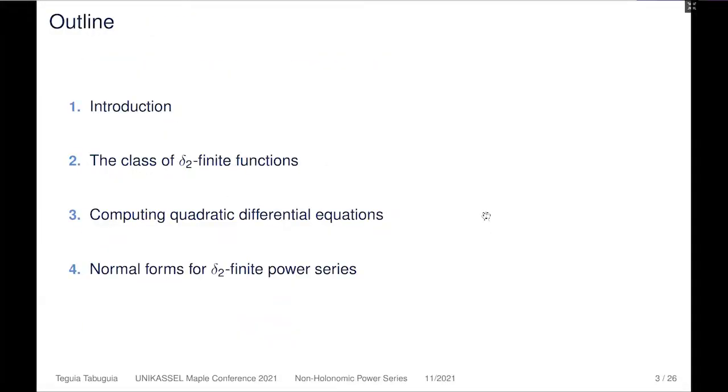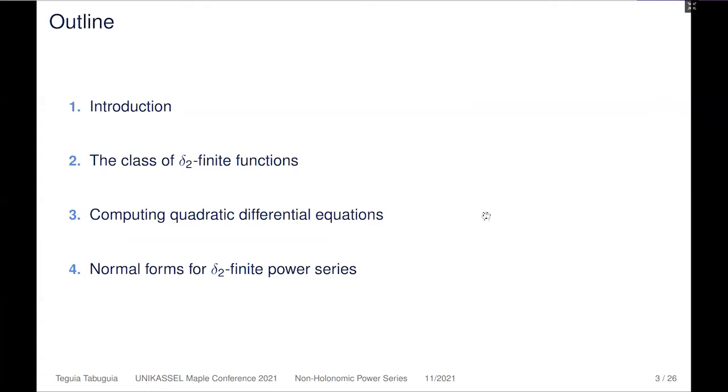As outlined, after an introduction where we state the problem and how we intend to resolve it, we move on to the second section, where we define the class of delta-2 finite functions, a subclass of the family of non-holonomic functions, which is rather large. We want to consider those functions that can be processed through an algorithm, and we cover most of the non-holonomic functions that we usually manipulate.